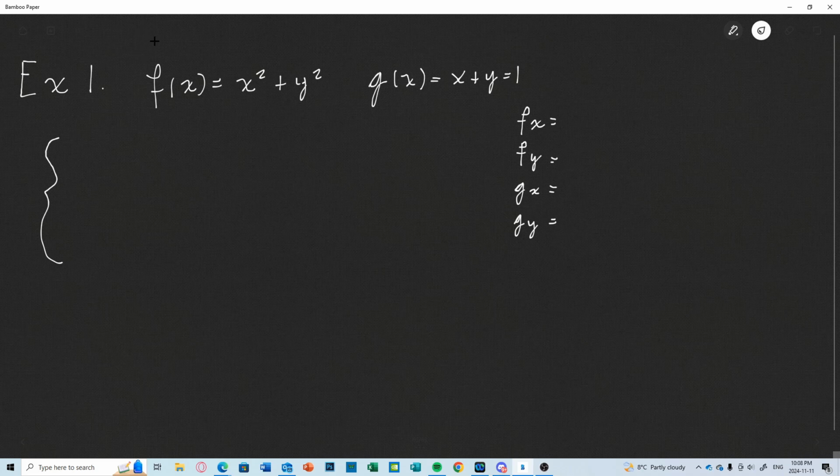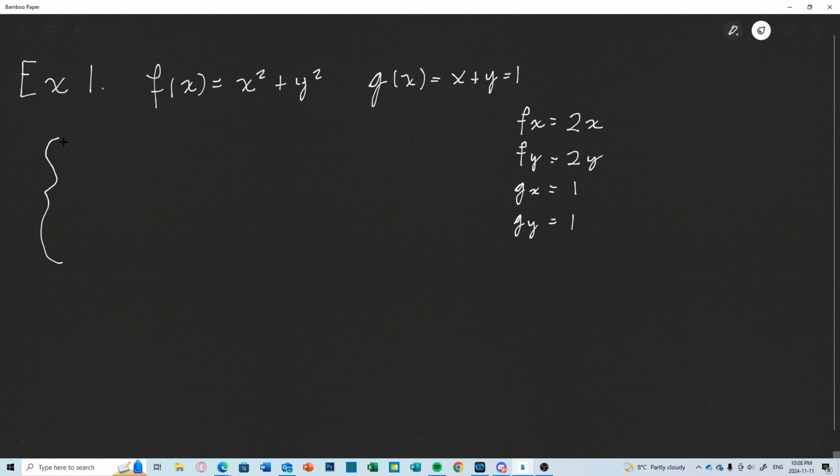The first thing we want to do in these kinds of questions is find all the partial derivatives of f and g, which is what makes up the gradient. So we have f sub x equaling 2x, f sub y equaling 2y, g sub x equaling 1, and g sub y equaling 1.